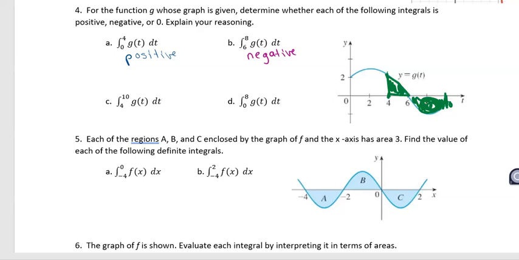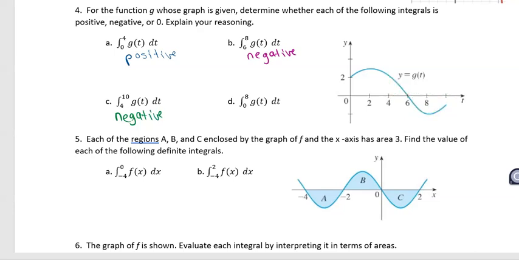This one's a little bit hard to tell because there's some positive and some negative. It looks to me like this green part at the bottom is bigger than this green part at the top. So I think that there is more negative. So I'm going to say it's negative. And my reasoning is this piece looks bigger, so there's more in the negative region.